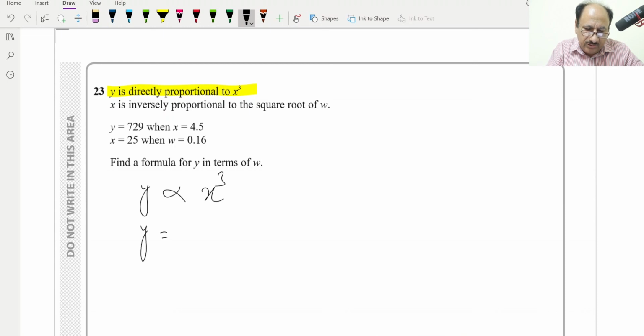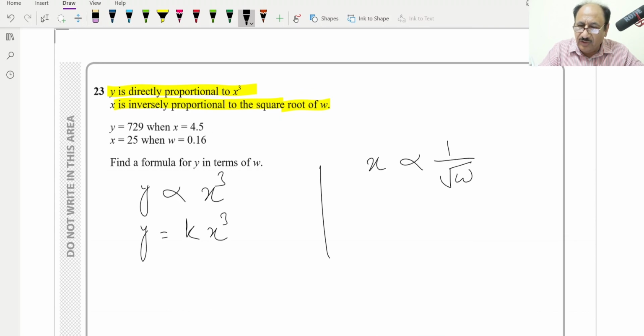We can write y is equal to kx cubed, and similarly they are saying x is inversely proportional to the square root of w. So for that one we will write x is equal to k over under root of w.